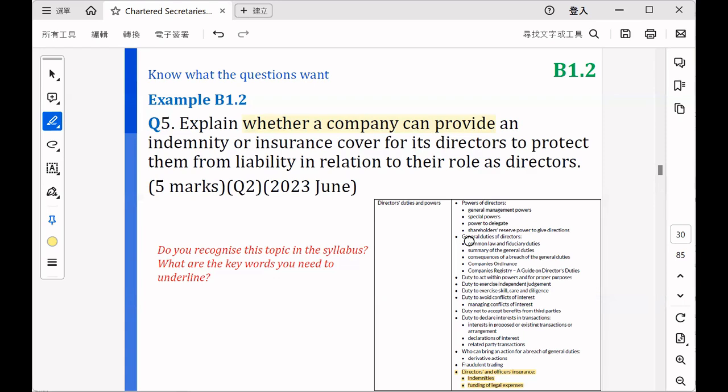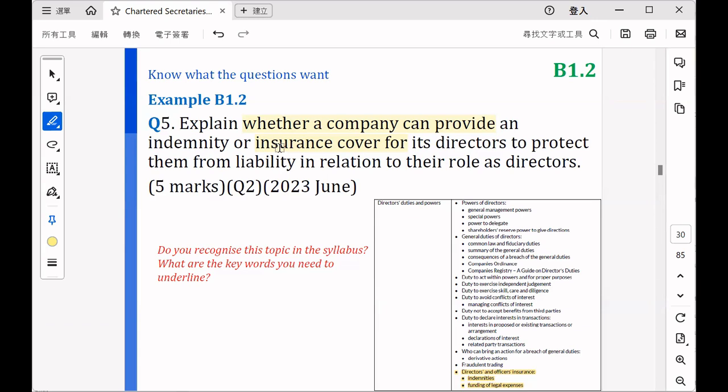The company can provide insurance cover, but the company cannot provide exemption of liability. The company cannot exempt the directors from liability. If the director is liable, the company cannot exempt them from liability.